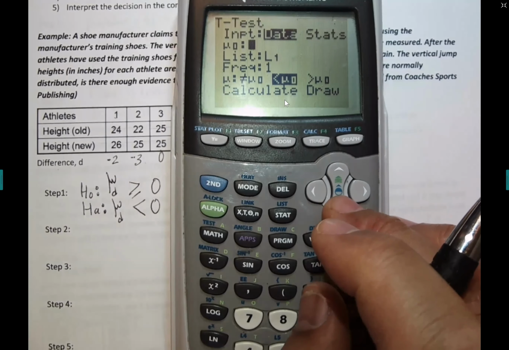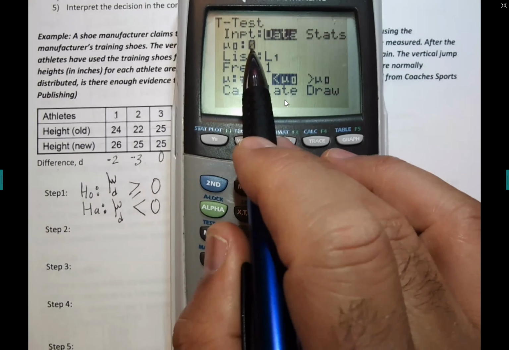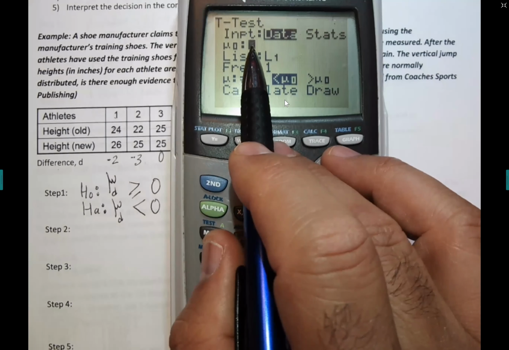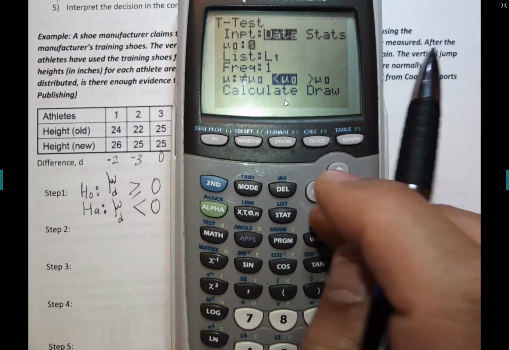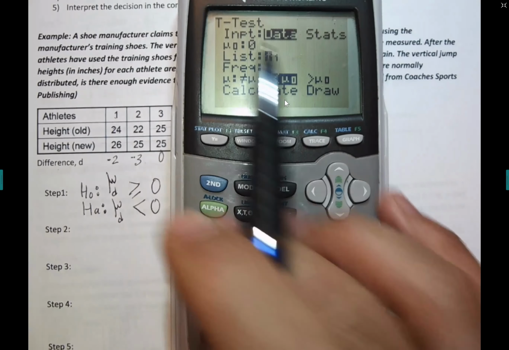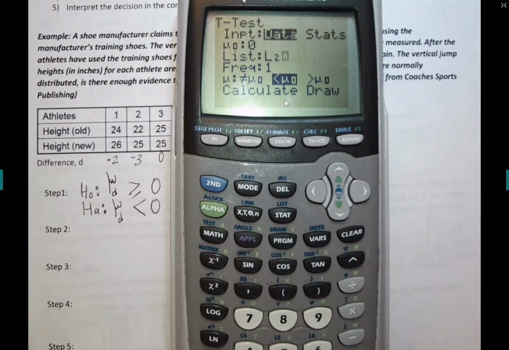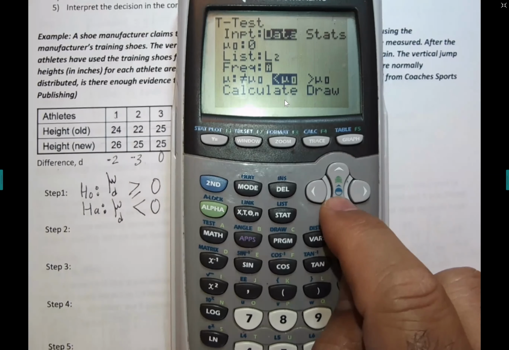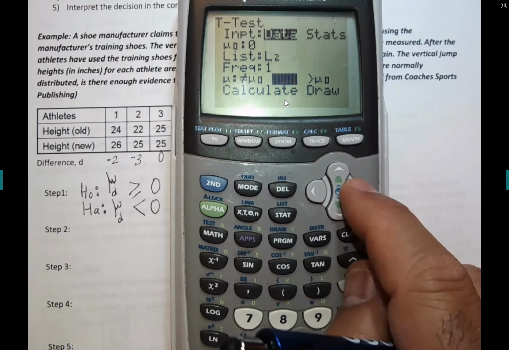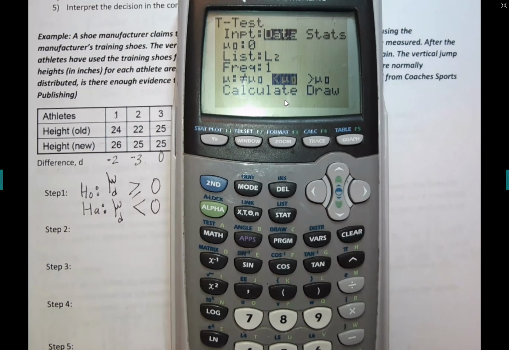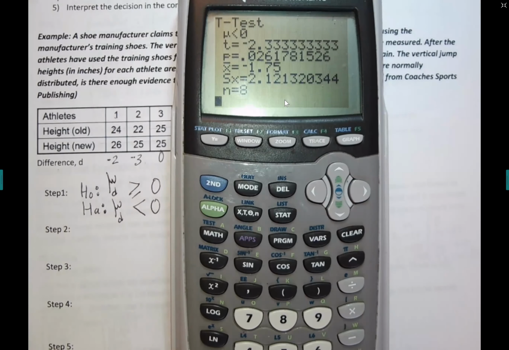And this number here should always be 0. Always, always you're testing against 0. My list I put in L2, so I'm just gonna change this one to L2. You don't change the frequency, guys. Your alternative is less than. And if you hit calculate, T is -2.33, and the p-value is 0.02618.